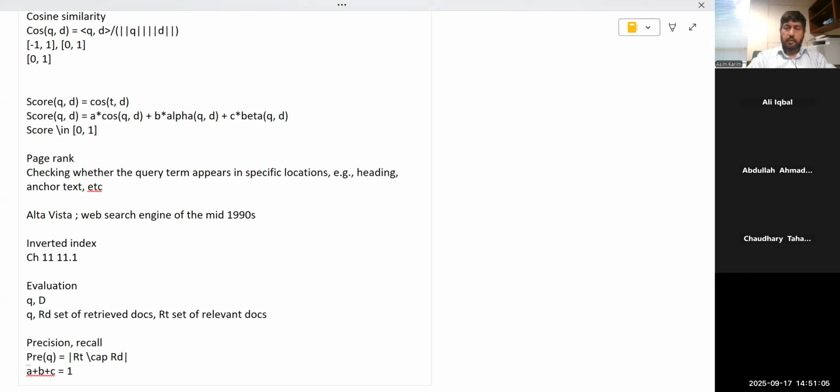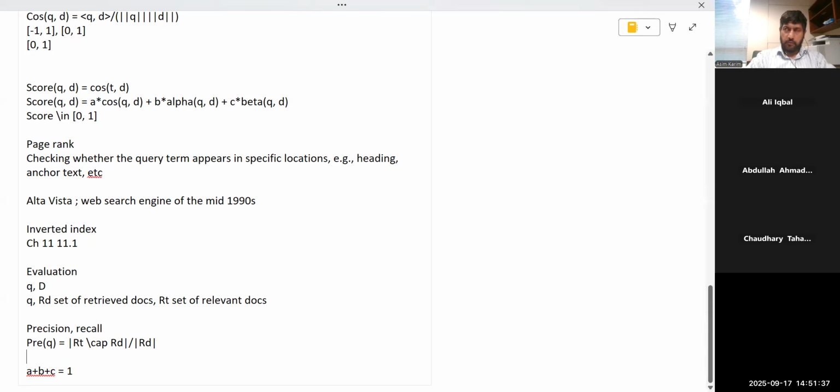So what is this now? RD intersection RT. So this is the set of documents that are relevant in the retrieved, और उसके बाद बार्स मैंने कर दूं, उसका नंबर आ गया, absolute or count. So divided by RD. ठीक है? So let me write the other one, then I'll give you an example.